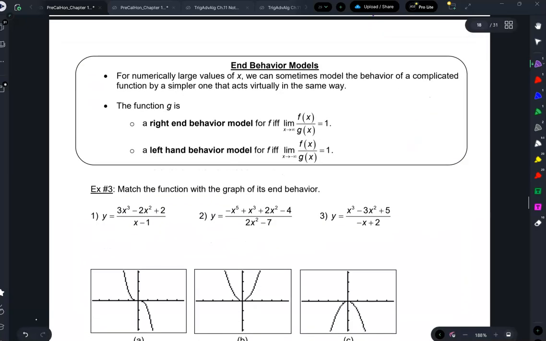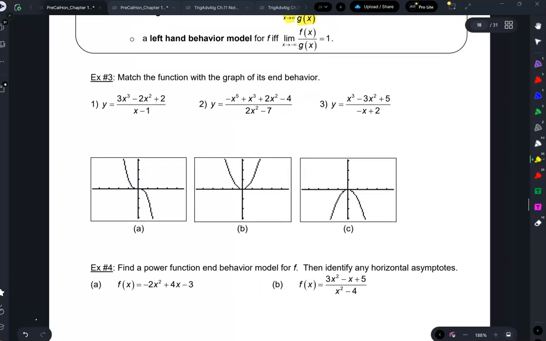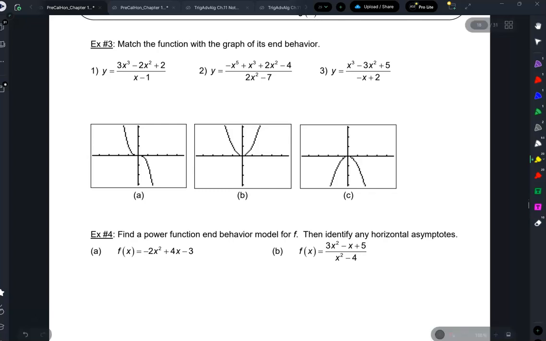All right, so that's pretty much how we find end behavior models, is just do the limit as x approaches infinity, you know, the leading term, and whatever, okay? All right, so take a look at this. Match the function with the graph of its end behavior. So let's find end behavior models. Right?